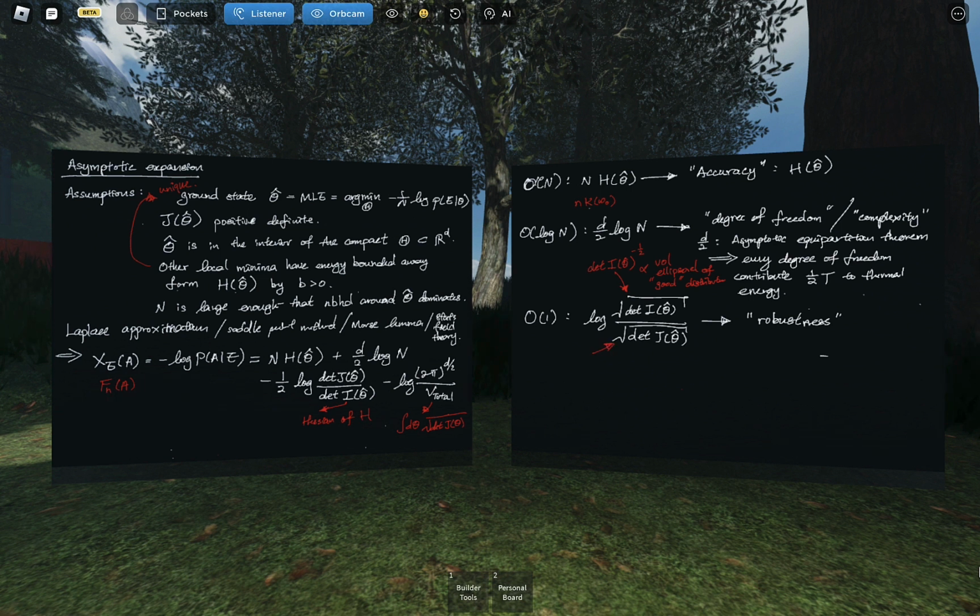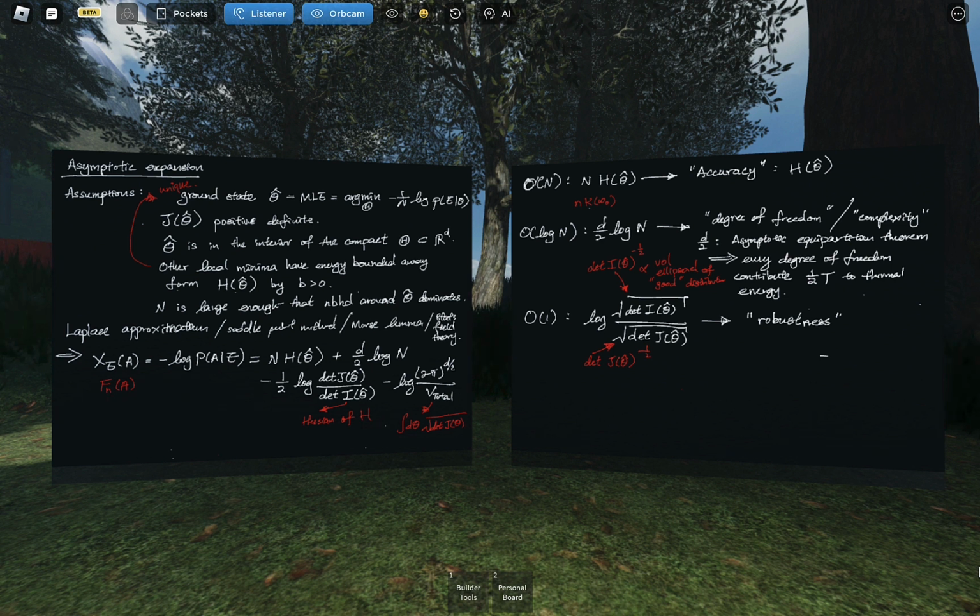But what is the other term here? So the determinant of the Fisher information matrix. Well, this is another ellipsoid, but this time it is related to... By the way, this order 1 term comes from the fact that we are using a specific prior called the Jeffreys prior.